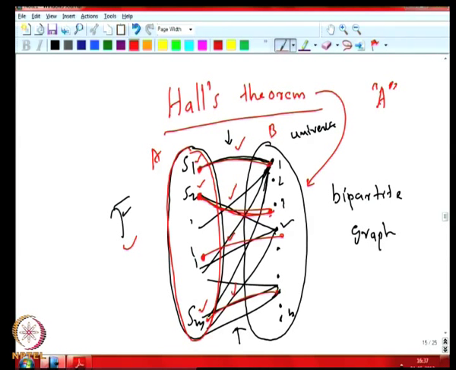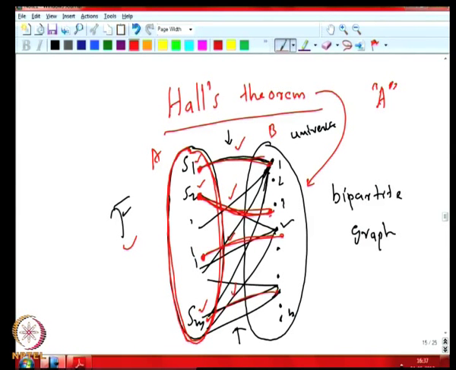Now the Hall's condition is concerned with giving a condition for the existence of such a matching. It need not happen, as we have explained.